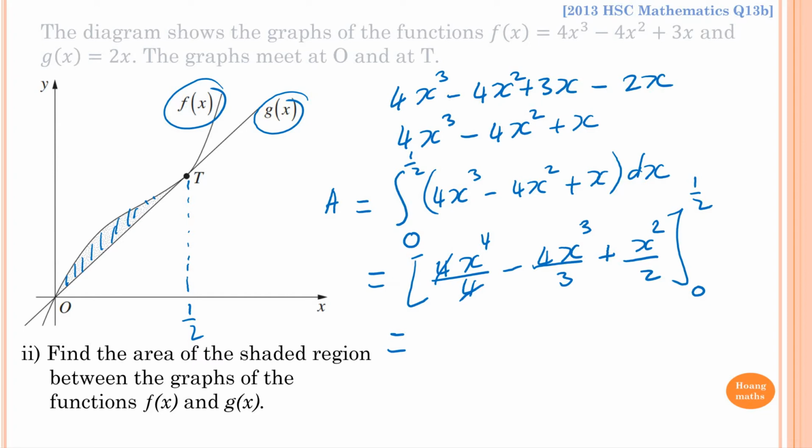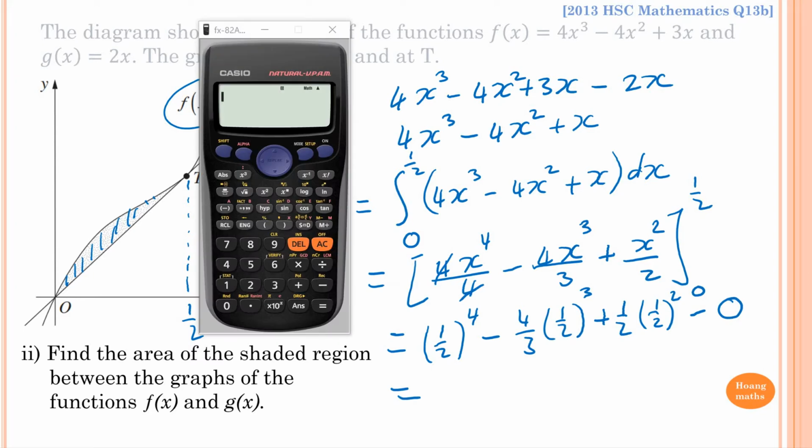So this becomes a half to the power 4, minus 4 over 3 of a half cubed, and then plus a half of a half squared. If I substitute 0 in, this whole thing becomes 0, just minus 0. So all I need to do now is put this into a calculator.